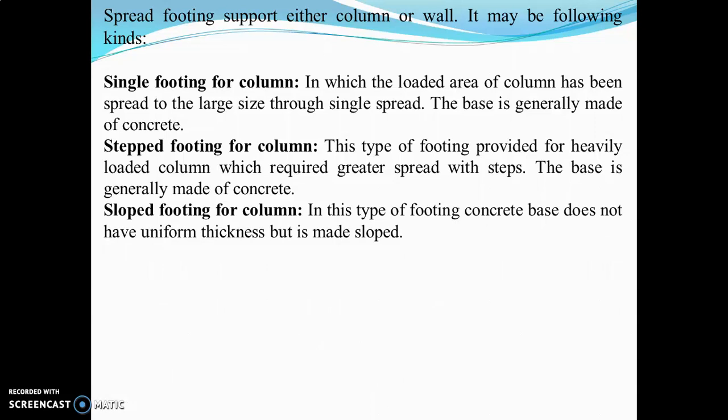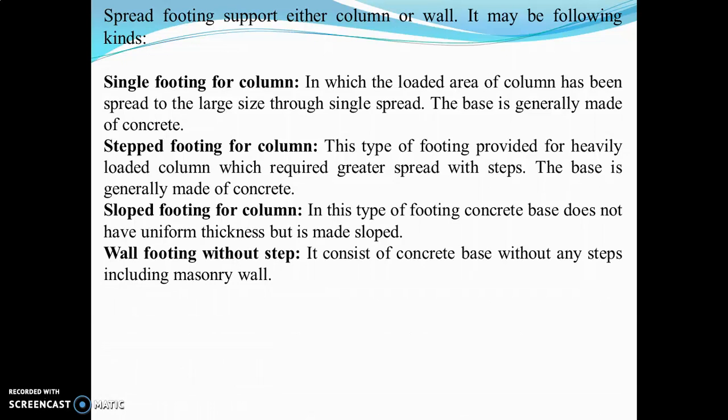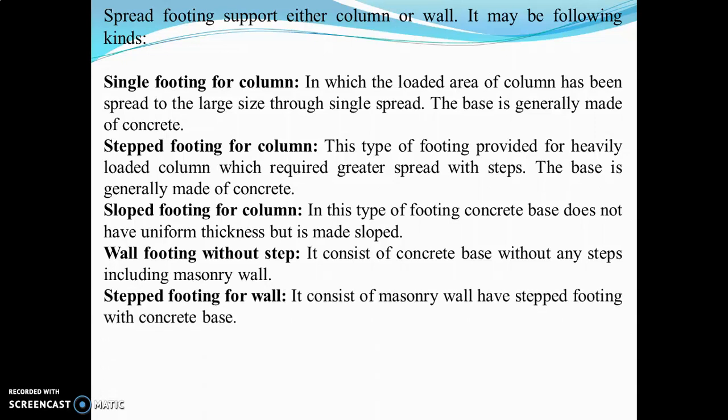Next is sloped footing for columns. In this type of footing, the concrete base does not have uniform thickness but is made sloped. And wall footing without step, it consists of a concrete base without any steps including masonry wall. Stepped footing for wall, it consists of a masonry wall having stepped footing with concrete base.